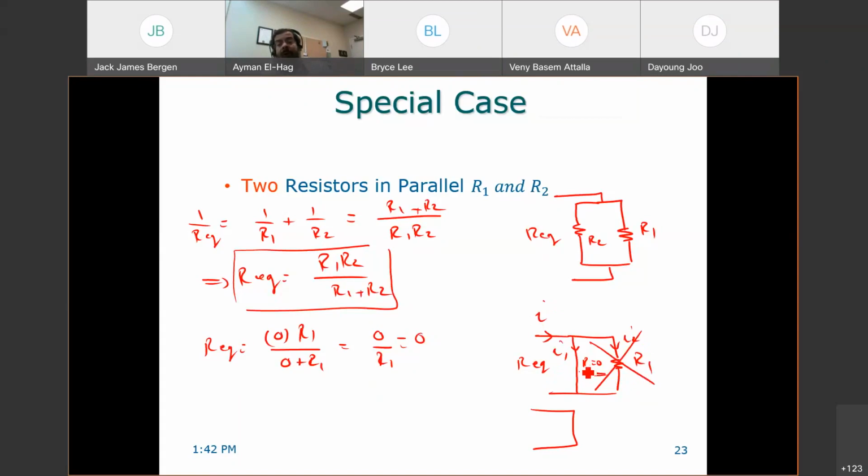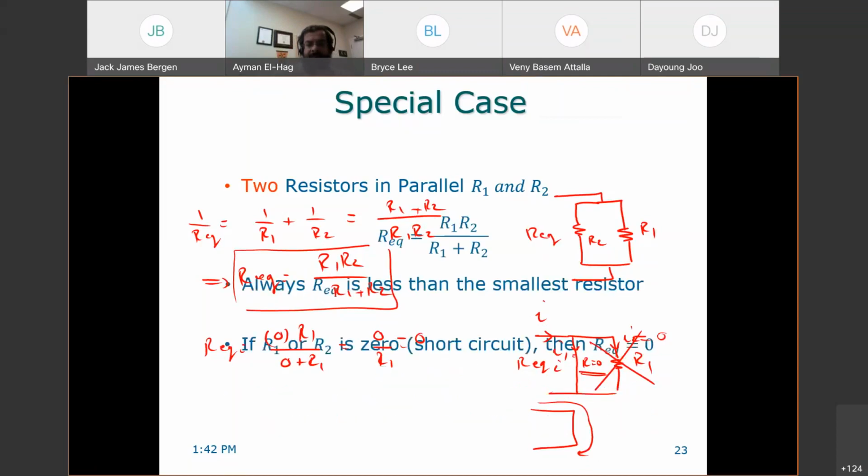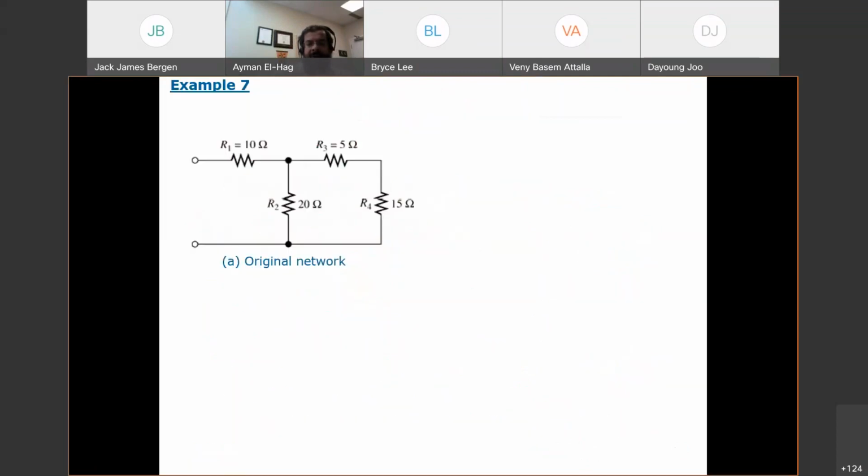This one has no resistance at all. So the whole current will be going here, and I2 will equal 0, and I1 will be equal to I. So this will have no current flowing through it, as if it doesn't exist. The whole current will be going in this short circuit. So it's very important to understand this concept about a short circuit in parallel.